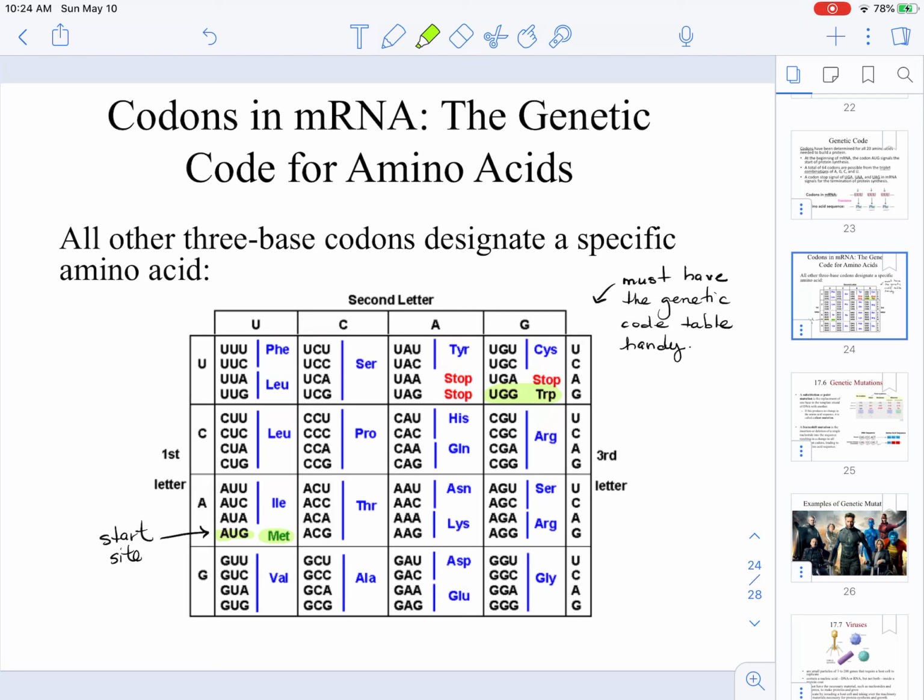One of the things known about the genetic code is that it is degenerate.